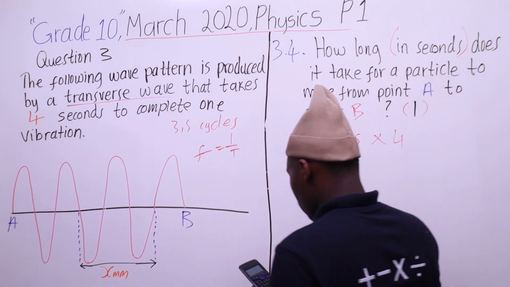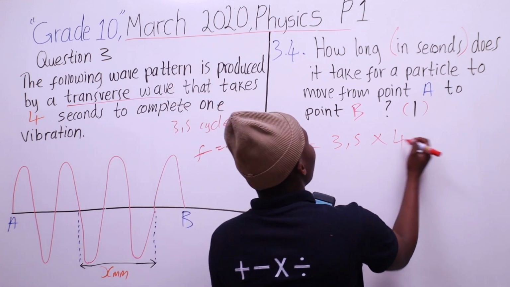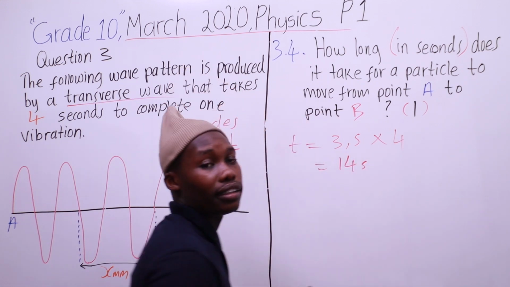To calculate 3,5 multiplied by 4 we get 14 seconds.